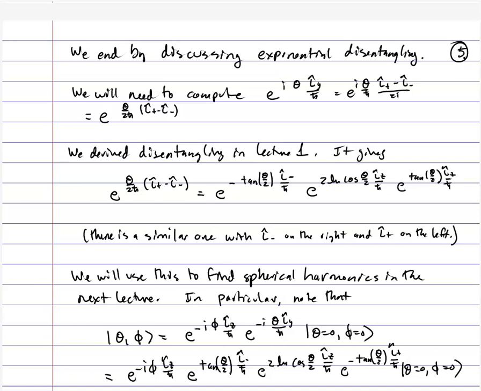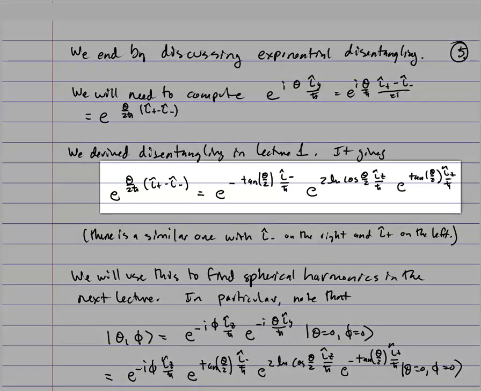But Baker-Campbell-Hausdorff doesn't have a regular series, so we can't even work with it in cases where the series never ends. This is a situation where exponential disentangling comes to the rescue. Using exponential disentangling, we can factorize this result. And the reason it's hard to do this with BCH is that when we do the factorization, we actually get terms that involve Lz in addition to the L plus and the L minus.